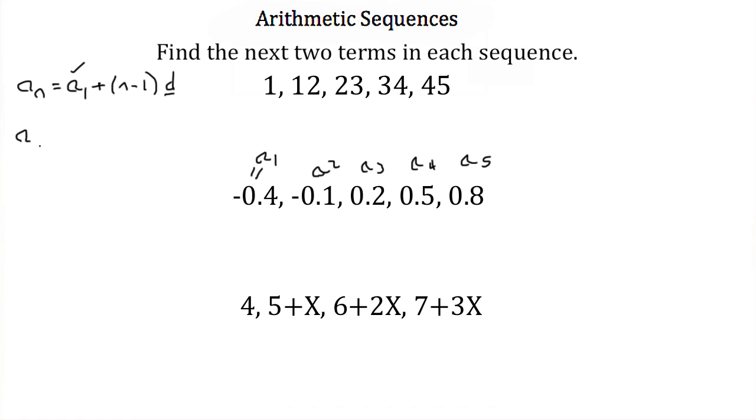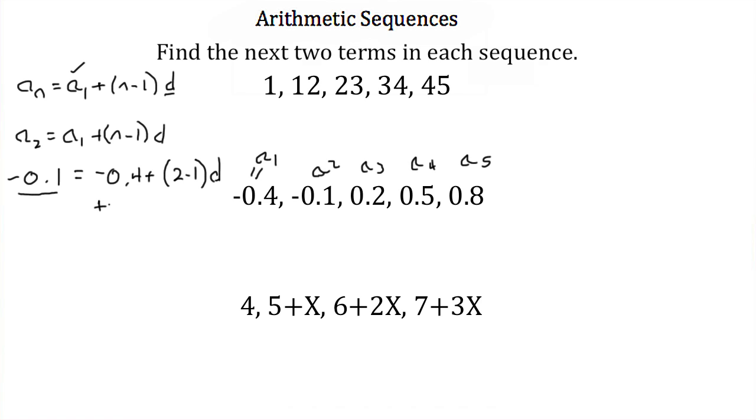So we're going to solve for A2 is equal to A1 plus n minus 1 times d. So we'll plug in what we know. A2 is negative 0.1, which is equal to negative 0.4, because that's our first term, plus 2 minus 1, because 2 is n, because we're talking about our second term on the outside of the equal sign here, times d.